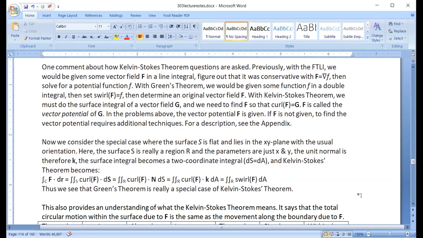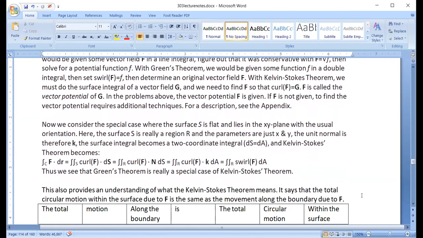So this tells us that Kelvin-Stokes theorem says that the total circular motion within the surface due to the vector field is the same as the movement along the boundary due to the vector field. And of course, the vector field does not need to represent movement, but using that as one application or as a metaphor.